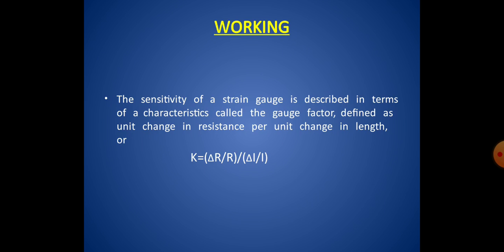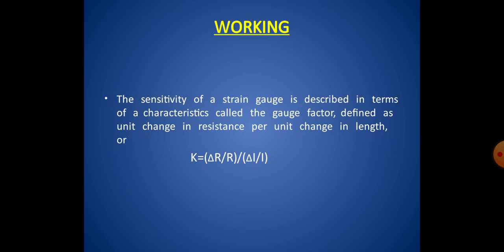Suppose the resistance changes from 100 to 120 ohms, then 20 ohms is the change. Delta L is the change in length by the application of force, that is the strained length, and L is the original length.